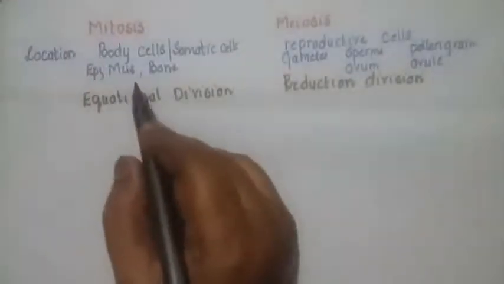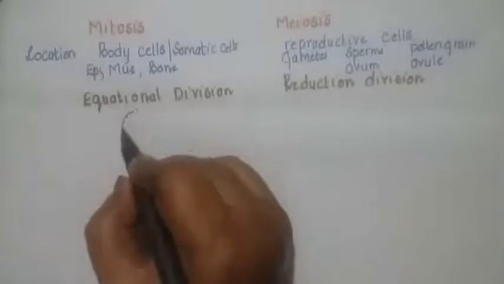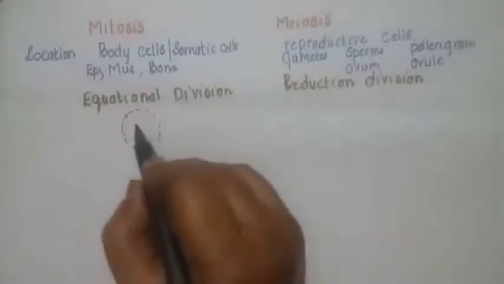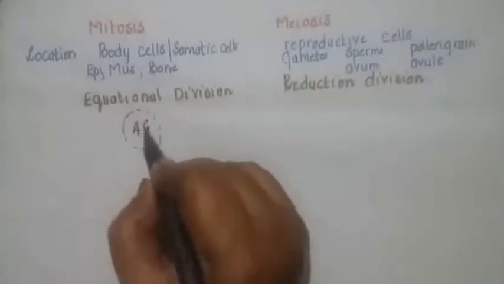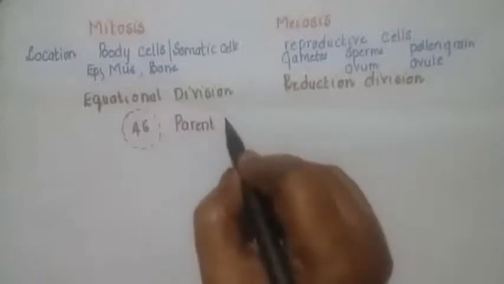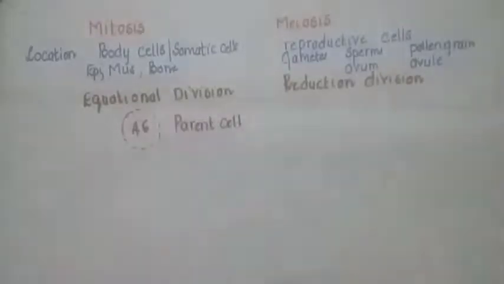Let us take an example of one of our muscular cells or an epithelial cell, right? So if this is the parent cell, and if this parent cell has 46 chromosomes, we know that every cell in our body has around 46 chromosomes.